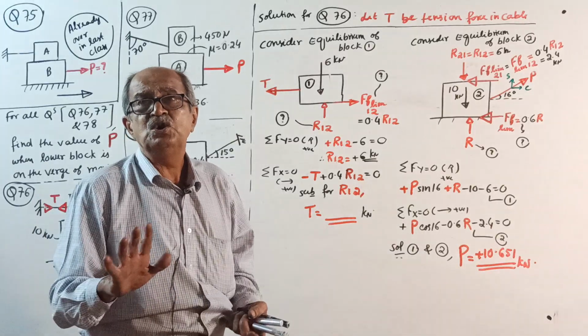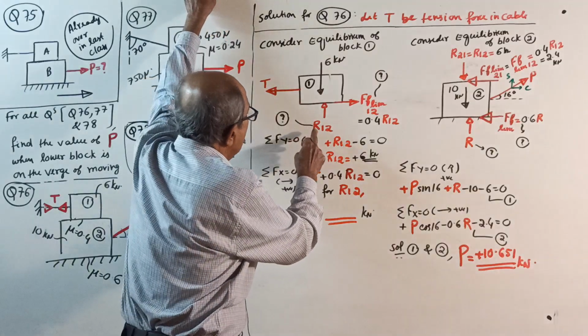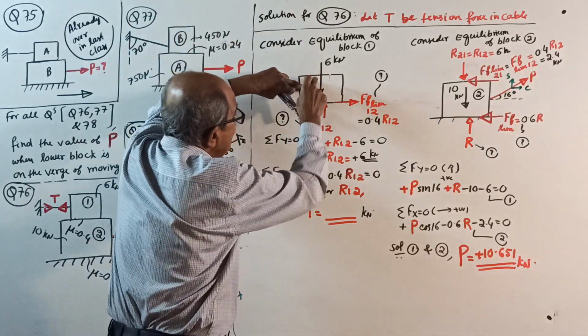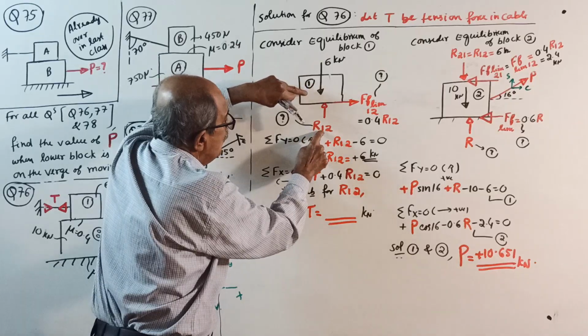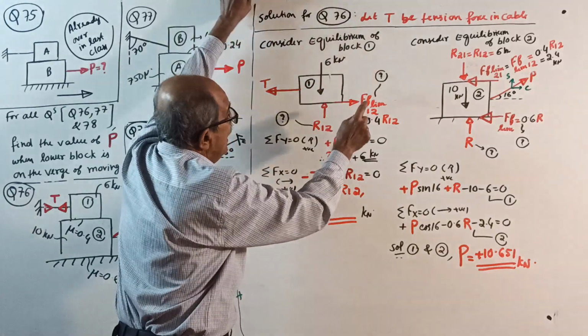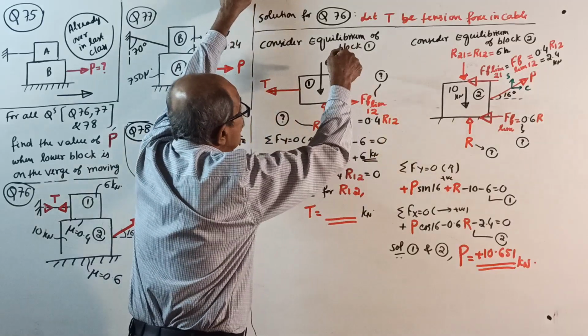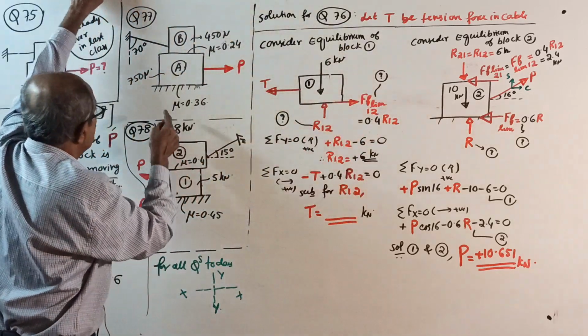Now it is 1-2, not 12. This is not number 12, it is 1-2. See, let R12 be normal reaction on block 1 from block 2, and F limit 1-2 means frictional force on block 1 from block 2. See, from block 2.